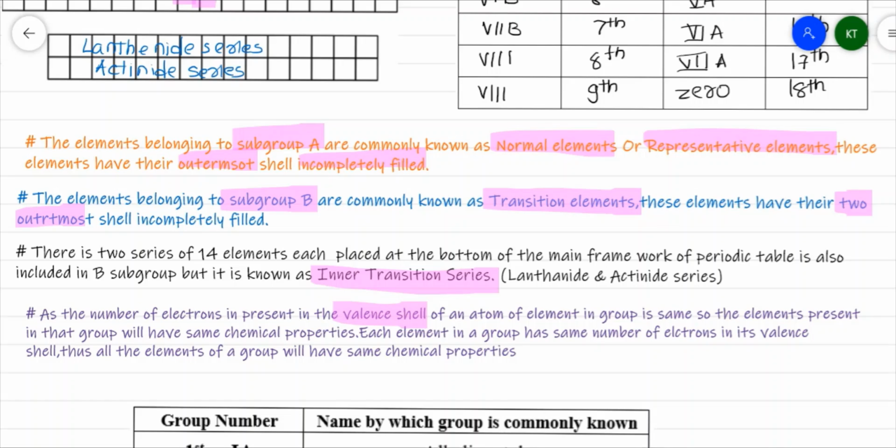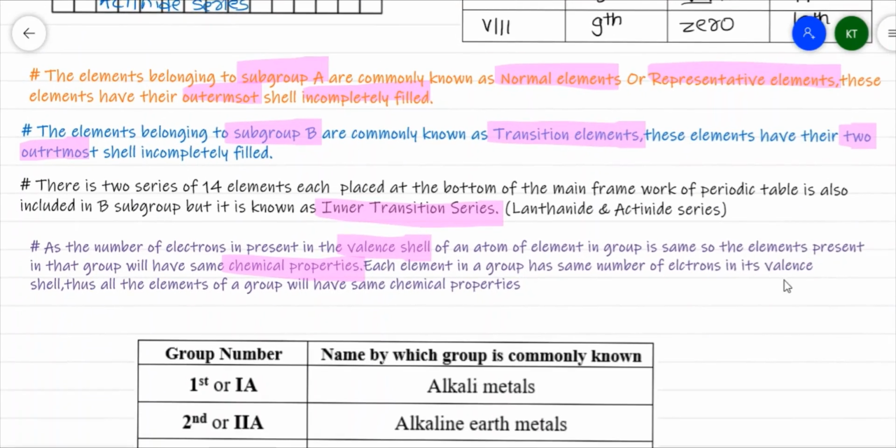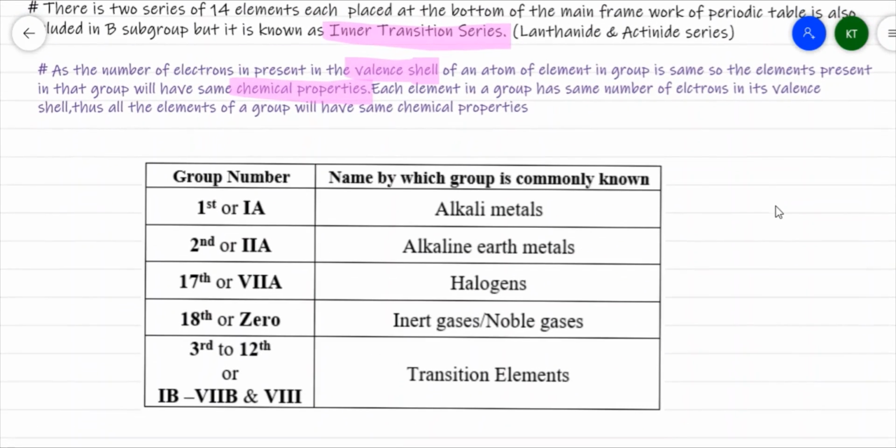The elements present in a particular group will have the same chemical properties, as the number of electrons in the outermost shell remains the same. So each element in a group will have the same number of electrons in the valence shell. Because of this, their chemical properties are also found to be the same.